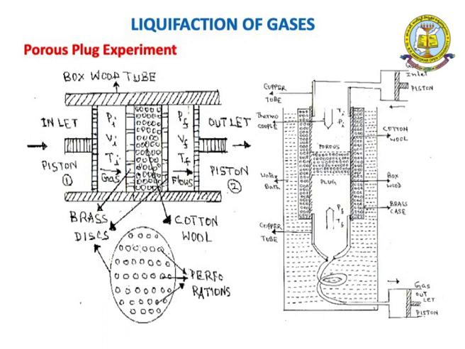On the right hand side, the pressure is Pf, the volume occupied by the gas is Vf, and the temperature of the gas is Tf. Here the gas does some work on the piston.